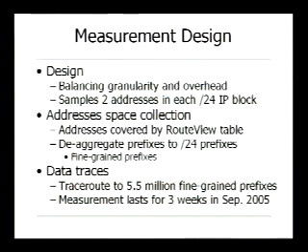To answer these two questions, we did an extensive measurement in the internet, and we sampled 2 addresses in each /24 IP block. We know that not all IPv4 addresses have been assigned in the internet, so we just collected the routable addresses from the RouteViews routing table.